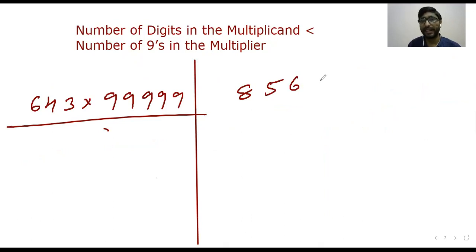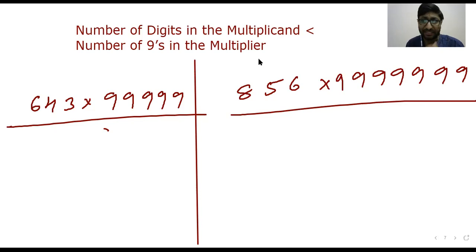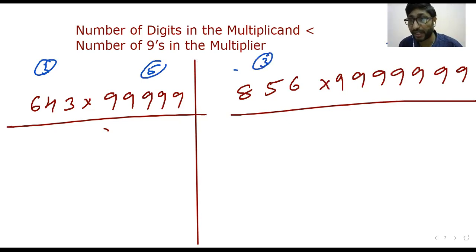Okay, let's go for the same 3-digit number with 6 nines and 7 nines. Look at the difference now. Very simple. 3 digits and 5 digits, and 3 digits and 7 digits.